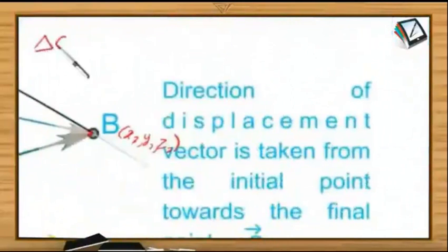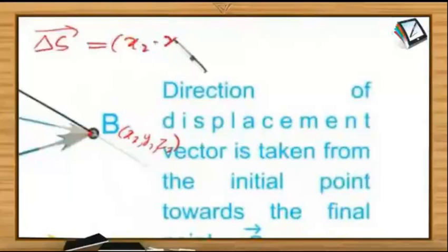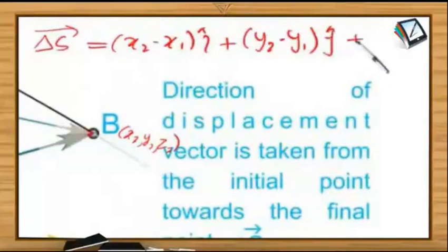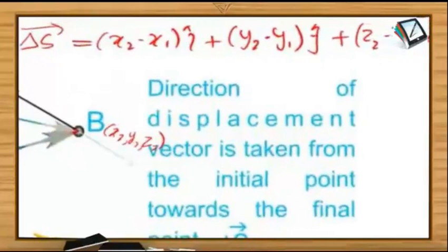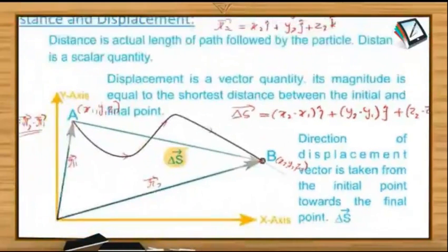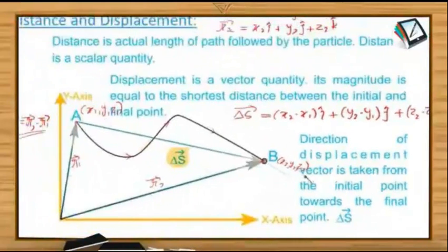So using that, we can write the displacement as (x2 minus x1) i cap plus (y2 minus y1) j cap plus (z2 minus z1) k cap. So if you are given the coordinates of the particle, then you can easily write the position vectors as well as the displacement vector.